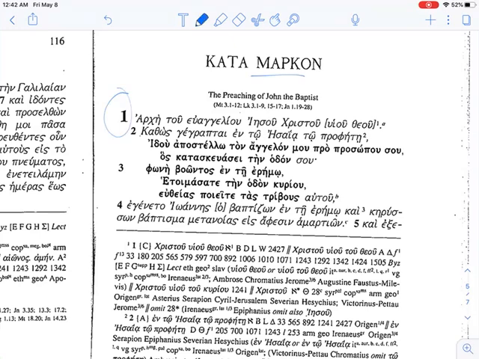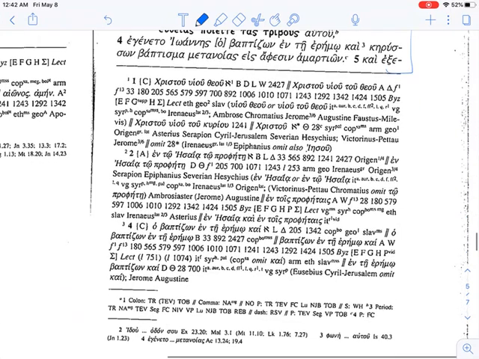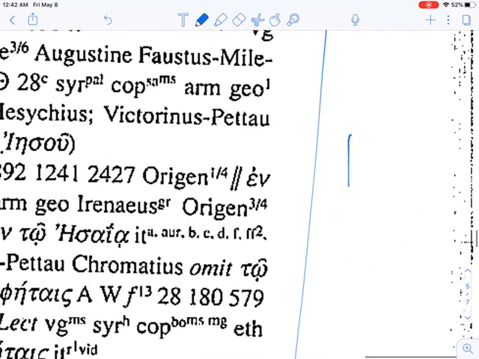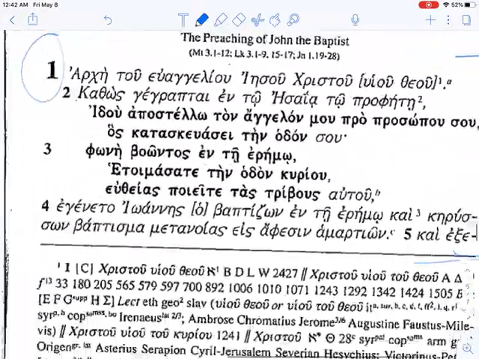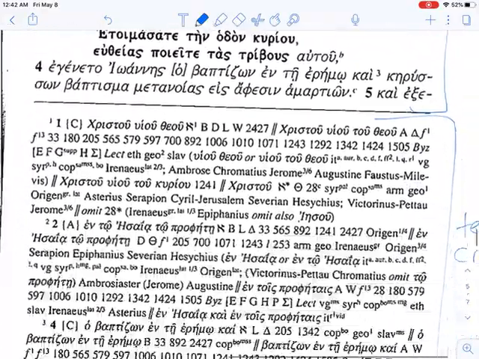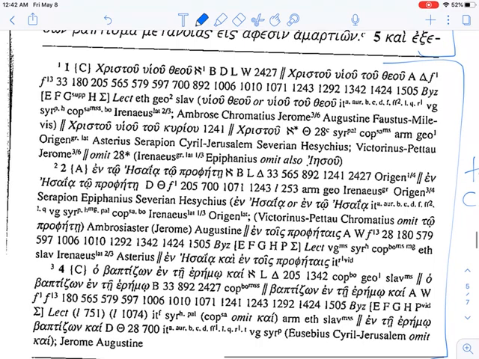It looks like a P because it's in Greek. And you notice that the verses are a very small segment of the page. And that's because down below, this is all the text-critical information. Meaning that they want to let you know that the reason that they think these are the original words of Mark is because of these different manuscripts.